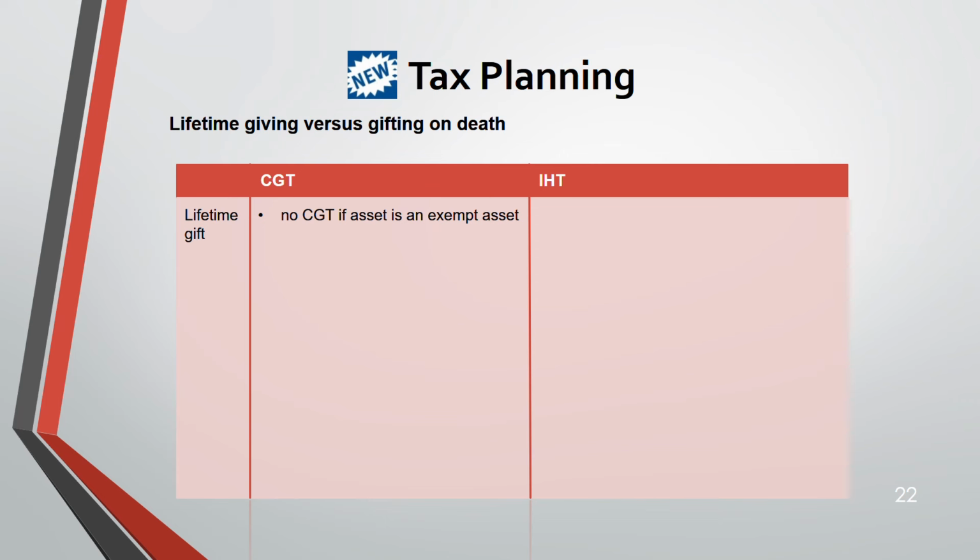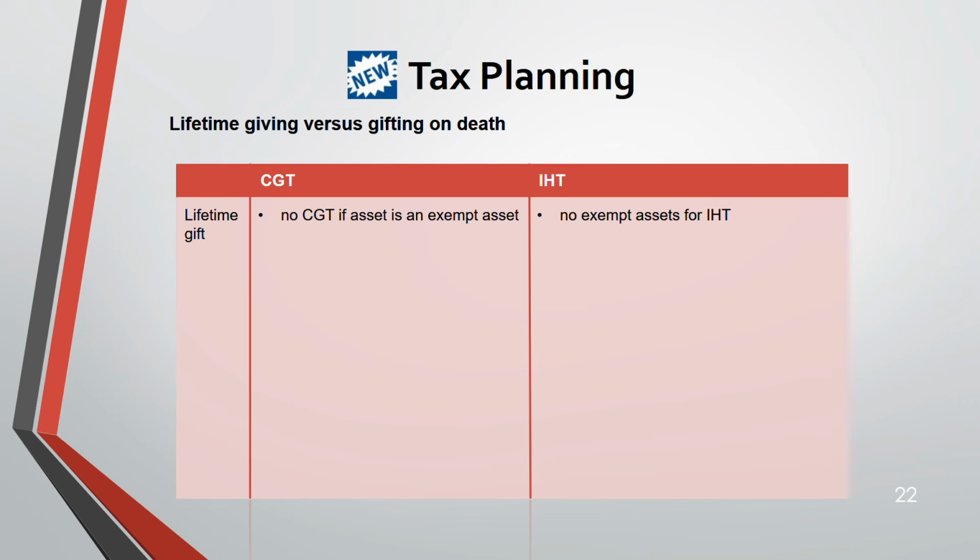Now, for lifetime gift, no CGT if the asset is an exempt asset. Very easy. But what about IHT? IHT, on the other hand, has no exempt assets. Everything is taxable. From the point of CGT, some assets are exempt assets, so they can escape CGT.